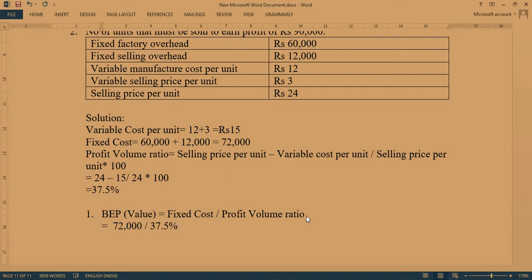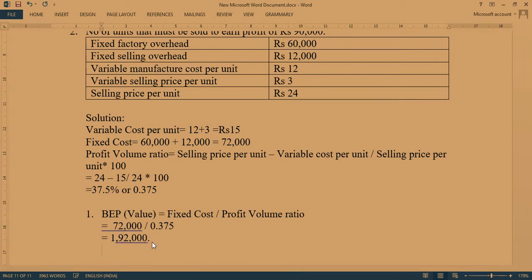We can convert 37.5% or just write 0.375. Better I will write 0.375 so that there is no percentage. You can also follow this method. If we divide this, we will get approximately 1,92,000 as the break-even point in value, right?